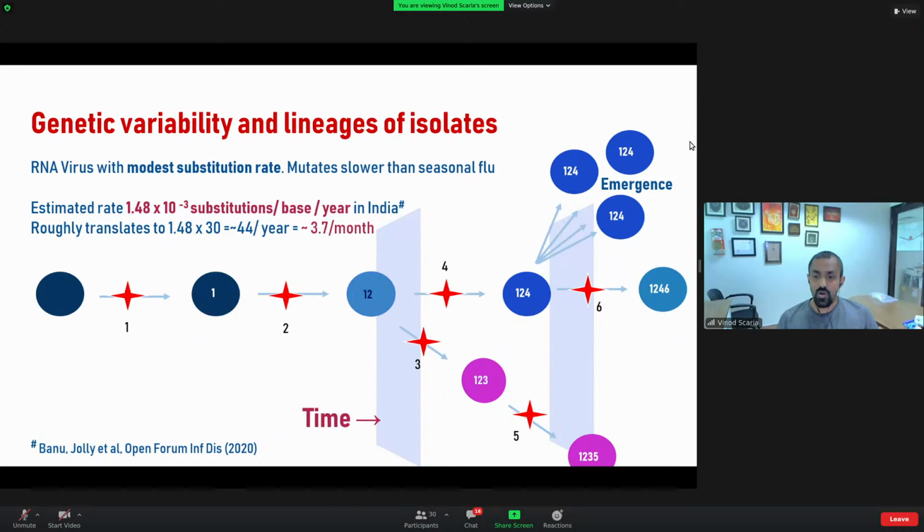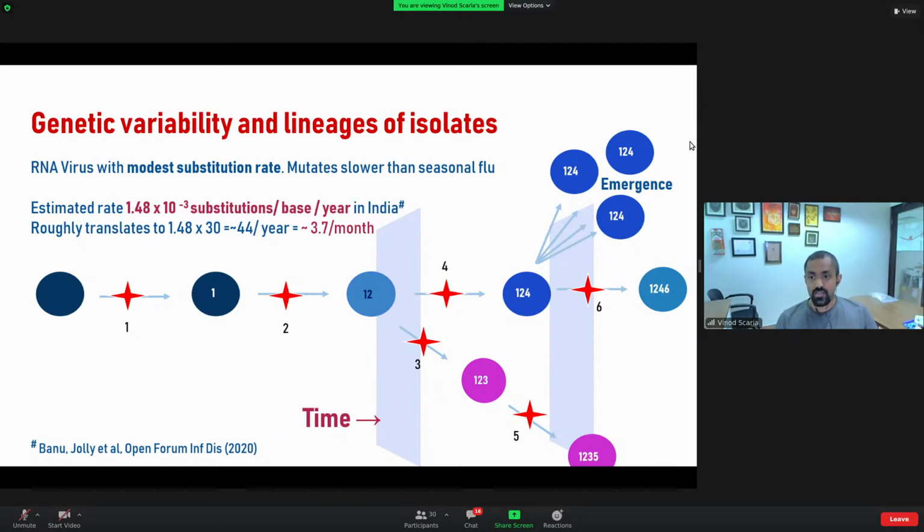And this constant rate of new mutation occurs in the background of an existing mutation. In other words, you can trace the origin or the genetic lineage of a particular virus just by looking at the genetic material of the virus, and also understanding what were the previous genetic lineages which are predominant in that region.